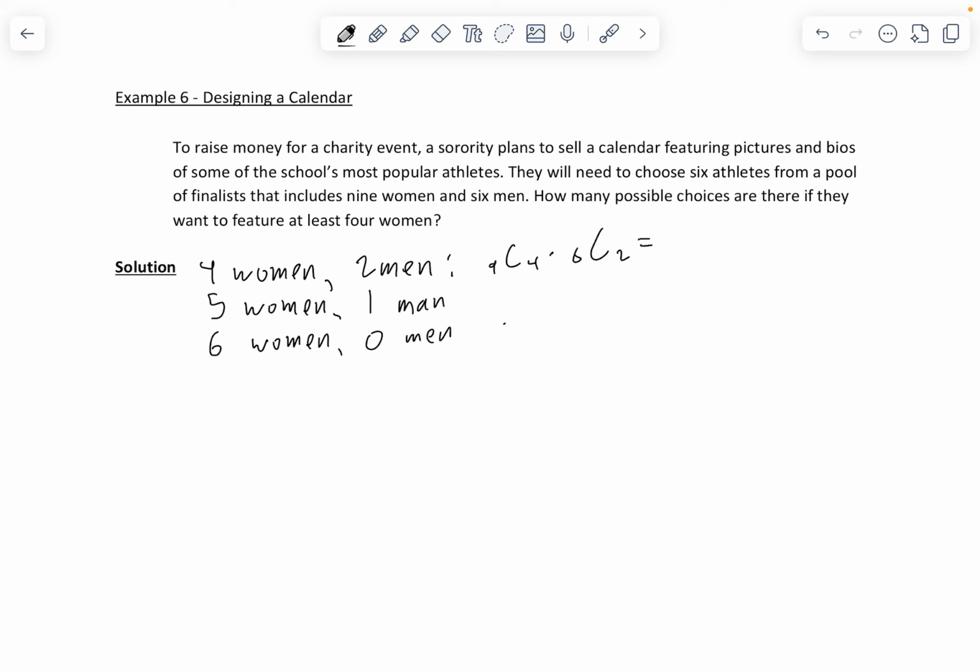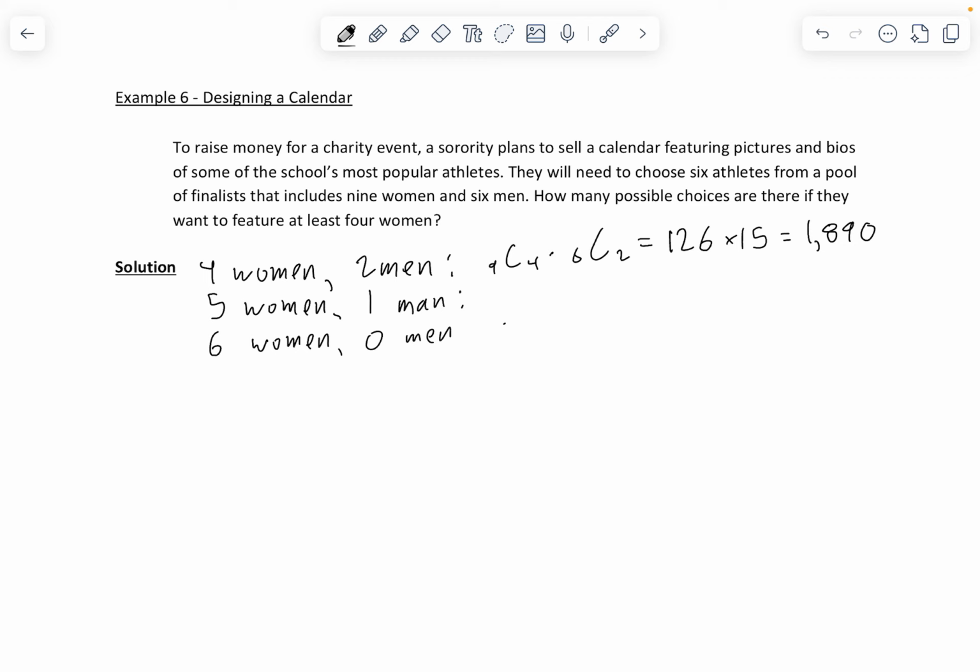If you work out those combinations separately using either your calculator or the formula, you would get 126 for the first one and 15 for the second one, which works out to be 1,890, okay?